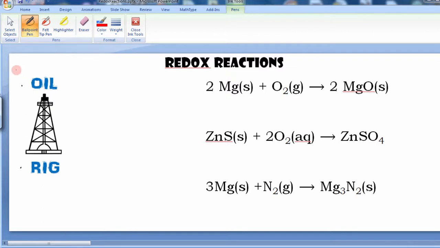And what that mnemonic stands for is oxidation is loss and reduction is gain. And we're talking about electrons.